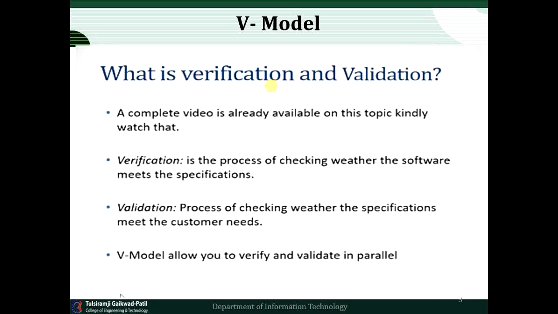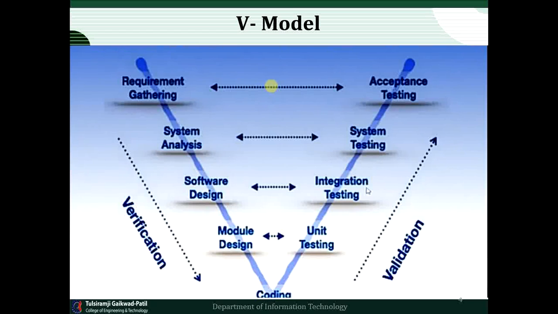Validation is performed on the test cases designed in that particular phase. That's why it is called a V model. The V model allows you to verify and validate in parallel. Next, what does the V model indicate?